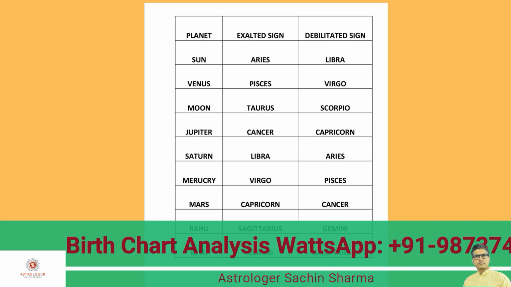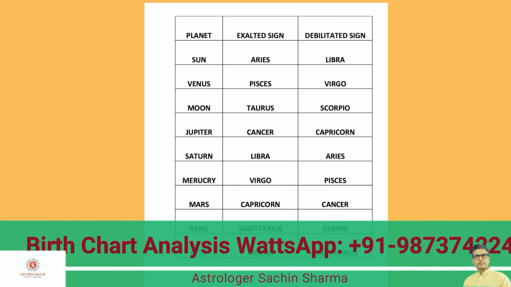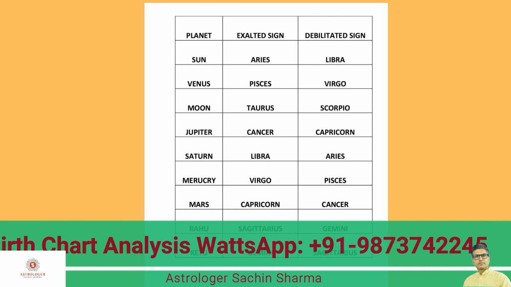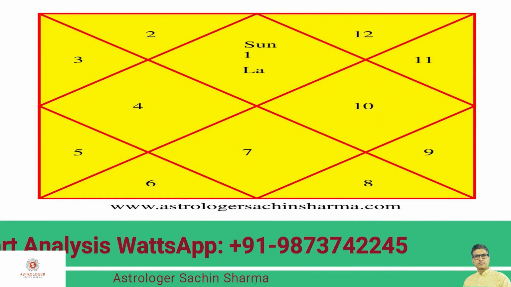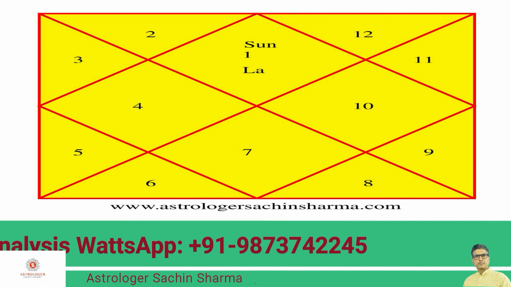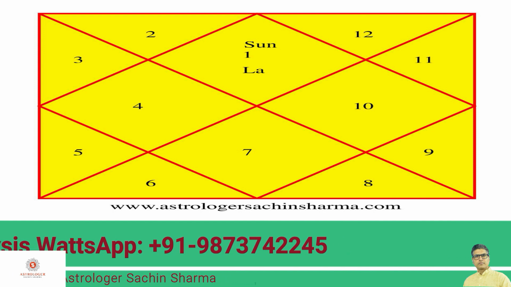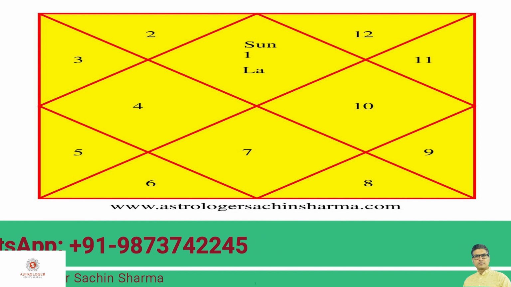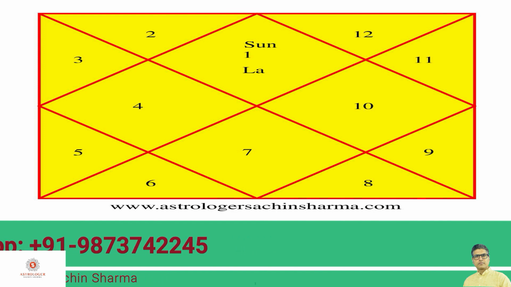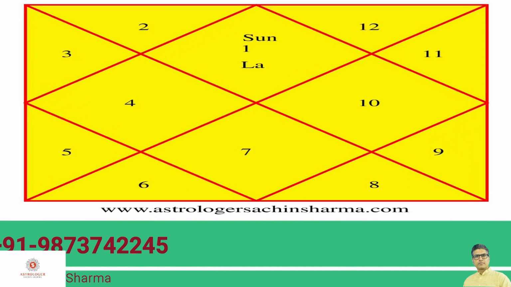Let us take the example of this birth chart. Here Sun is placed in Aries and exactly the 7th house we have to see. That means if we look at the 7th house from Sun, where Sun is placed in Aries sign, that will be the debilitated sign for Sun.